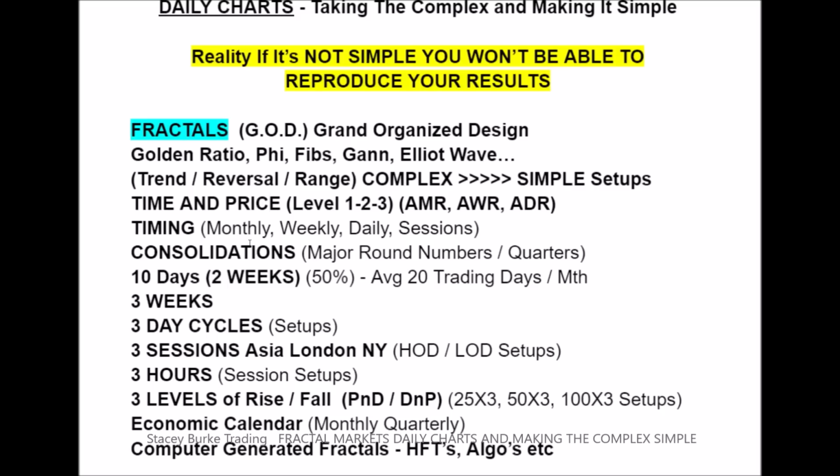We have average monthly ranges. We have average weekly ranges. And we have average daily ranges. The timing of these moves can coincide and extrapolate out to any time frame we want. But coming back to some simple models, the first thing I look at is the daily chart.